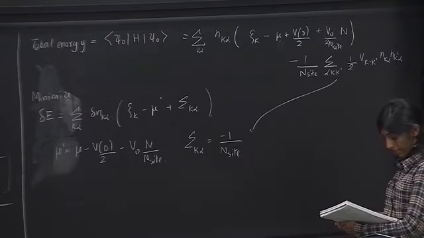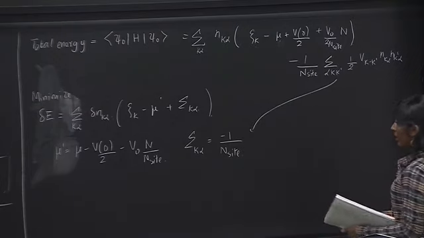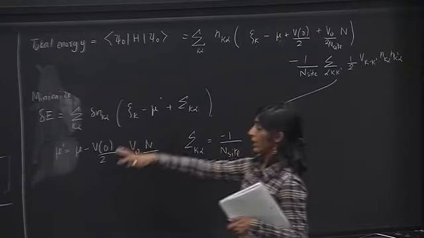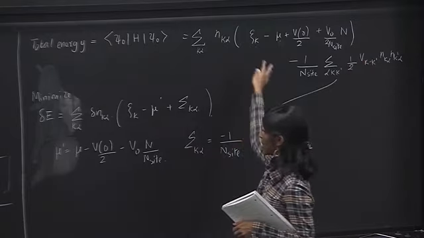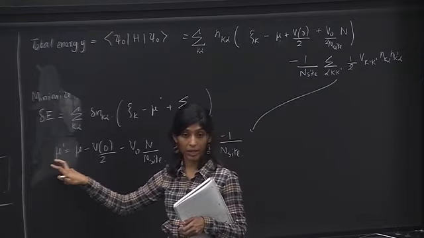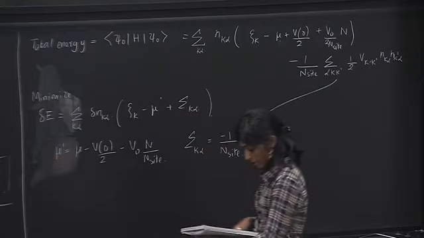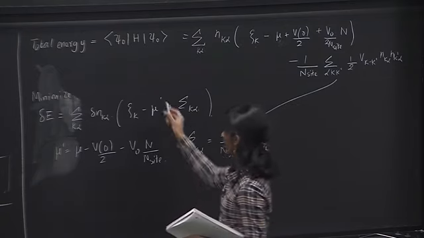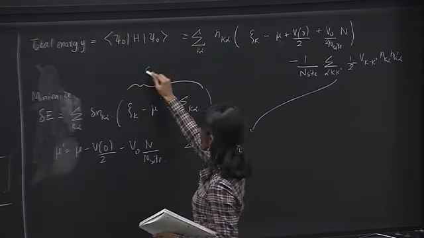Okay. So this term here is just basically this, and I've just collected all the constant terms into some effective chemical potential, some mu prime that I've defined. And now let me call this psi k star.